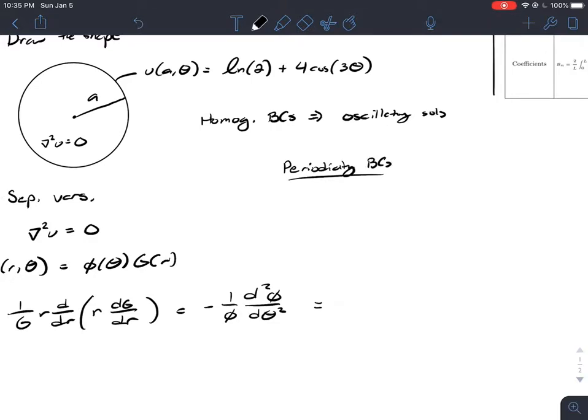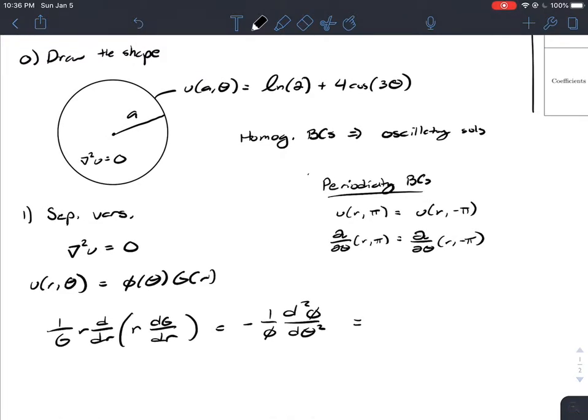And these basically state the following. u of r, pi is equal to u of r, negative pi, and the first derivative also holds the same relationship. A little bit more about what these are saying. I'll box this for future reference.